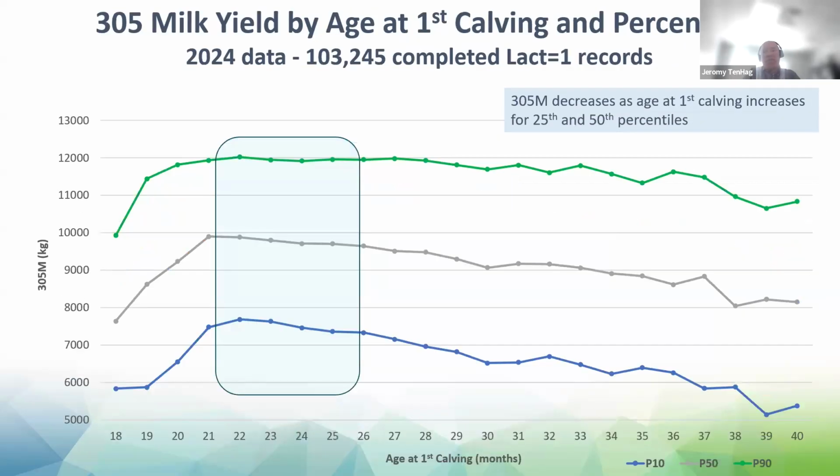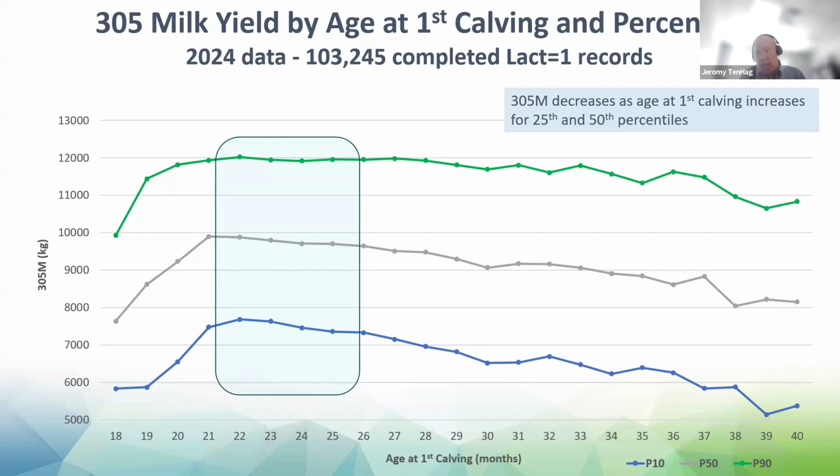If we look at 2024 data now, just over 103,000 completed lactation 1 records in Canada, there's a very subtle decrease in 305 milk yield as we get past 26, 27 months. And certainly there is a decrease when we look at the gray line, which is the 50th percentile number, and the blue line, which is the 10th percentile number.